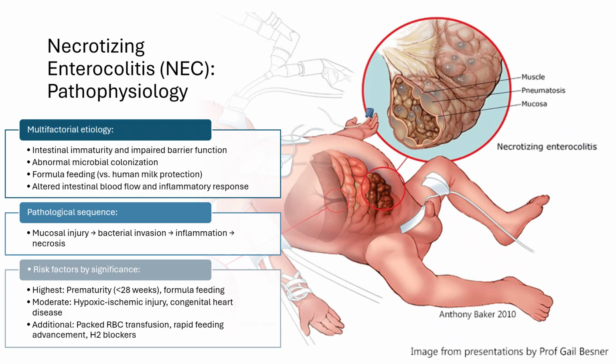Once the mucosal barrier is compromised, bacteria invade the intestinal wall. The immature immune system responds with an exaggerated inflammatory response, releasing cytokines and inflammatory mediators that cause further tissue damage. This inflammation progresses to necrosis as blood flow becomes compromised and tissue death occurs.